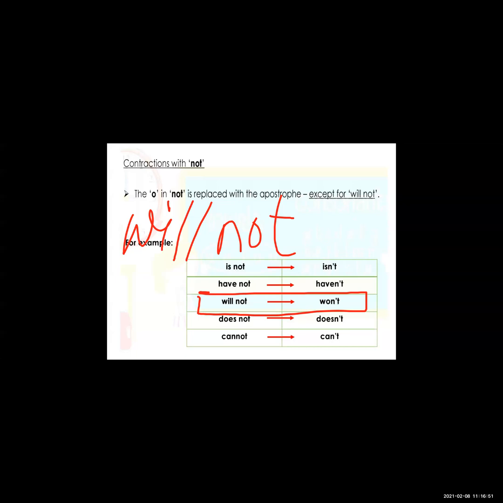This is W, O and T. Okay, won't means here we will not replace this O.